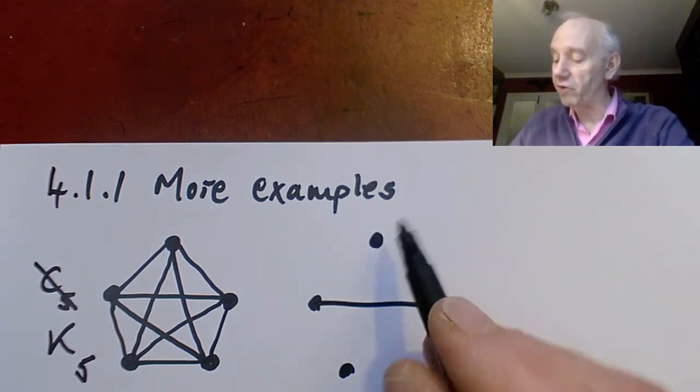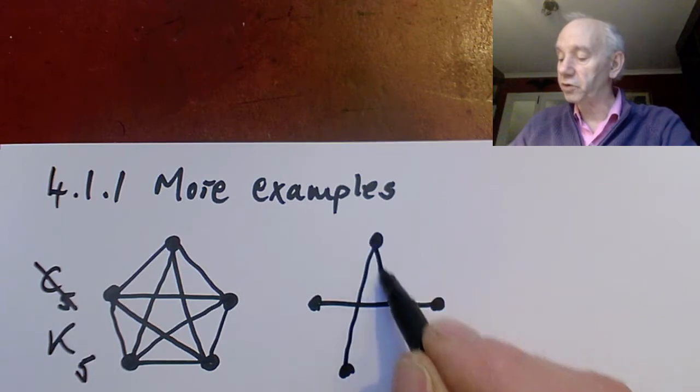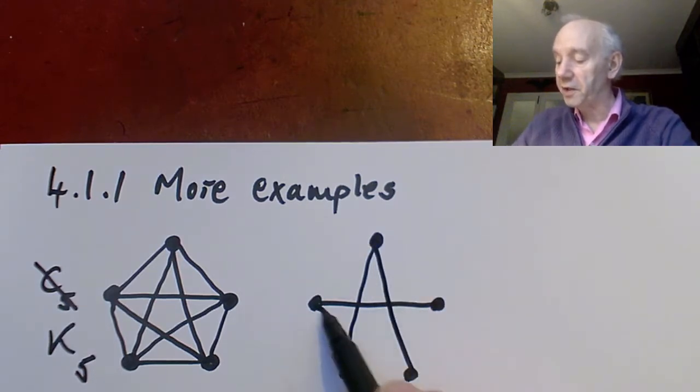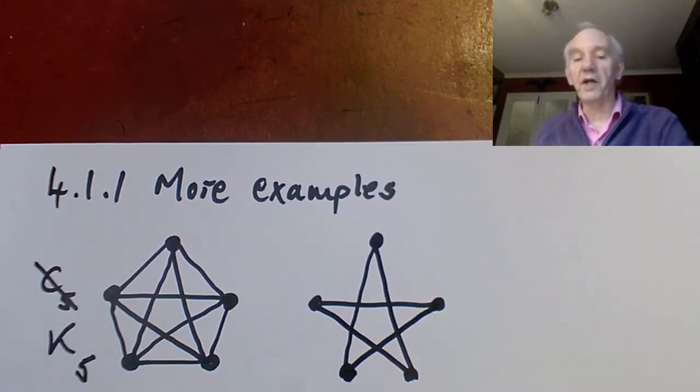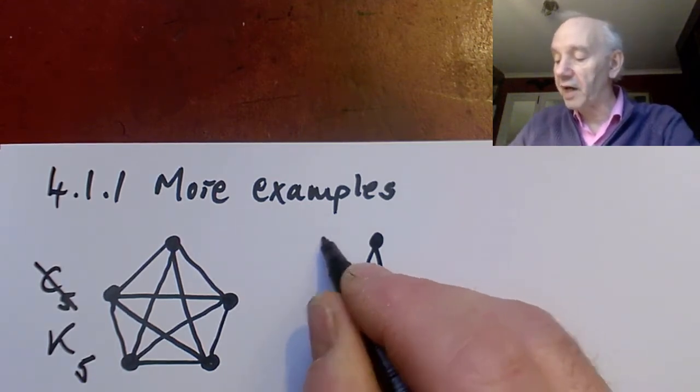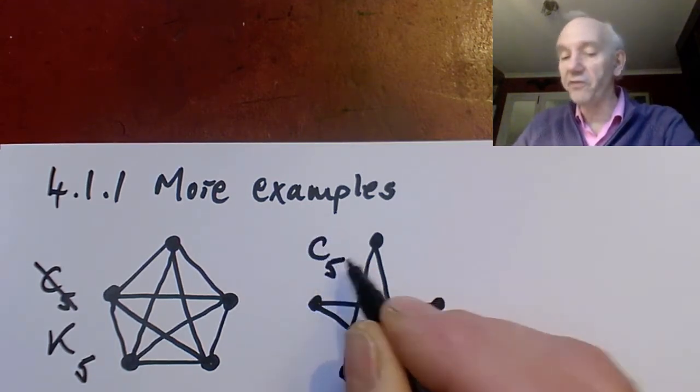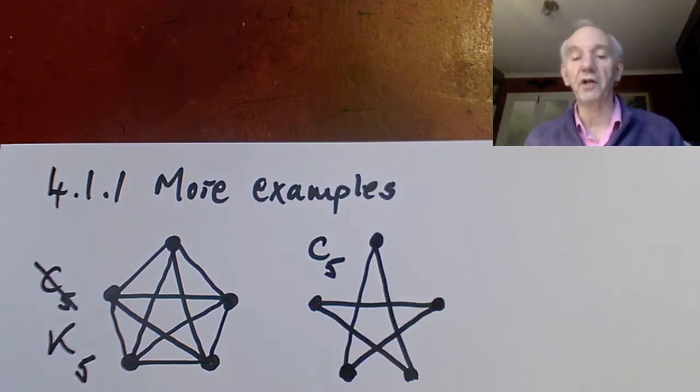So here's the pentagram, just joining the 5 vertices to each other in a different way. That's what I added on the inside, but as a graph, it's actually the same graph as the cycle C5, the 5-cycle.